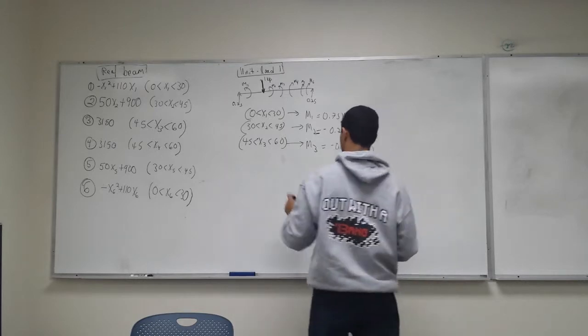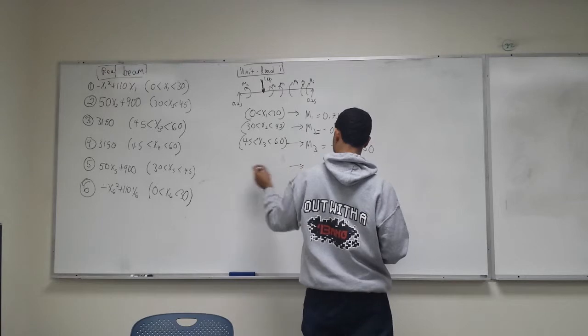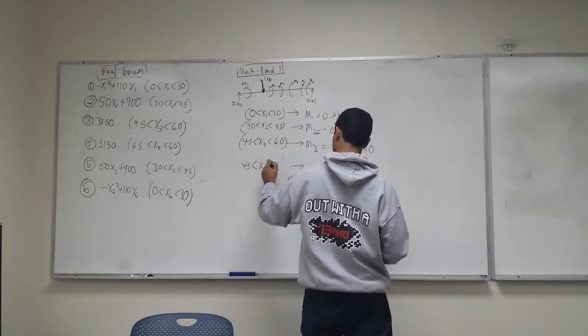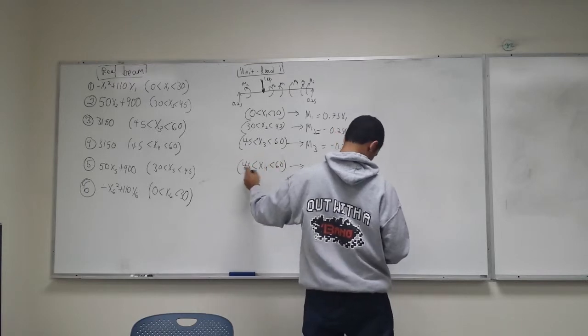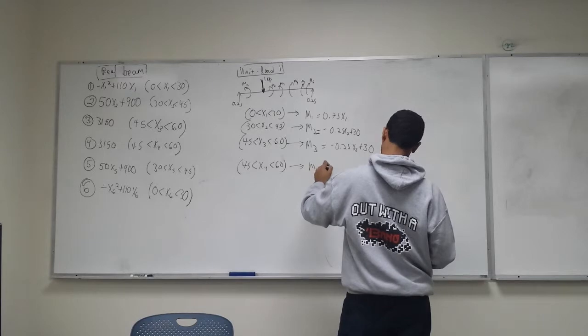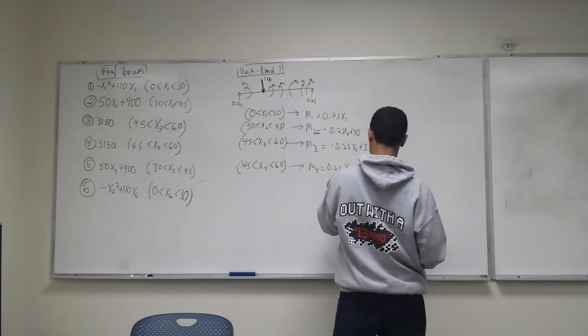For M4, we're going again from 45 to 60, and it is 0.25 times x4. Let me write this neater.